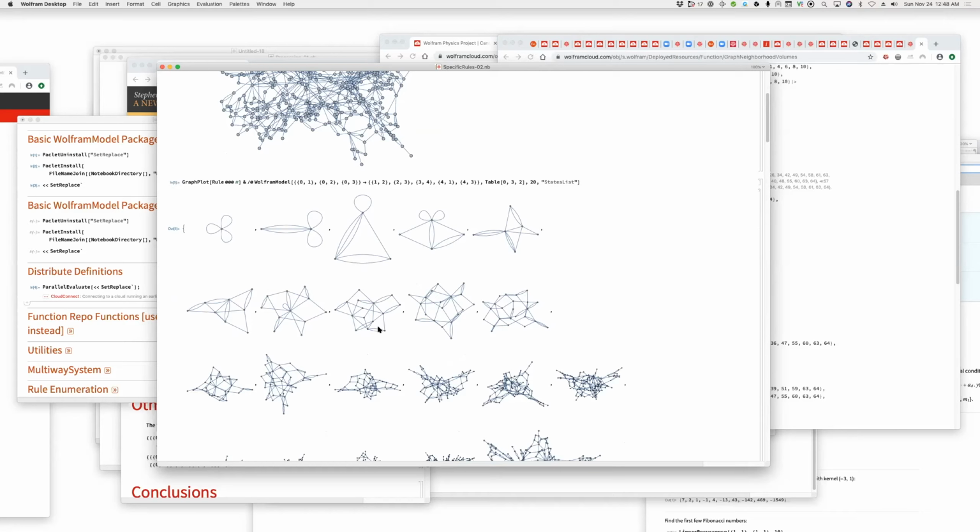This thing is not even close to causal invariant. Well, yeah, that's probably true.